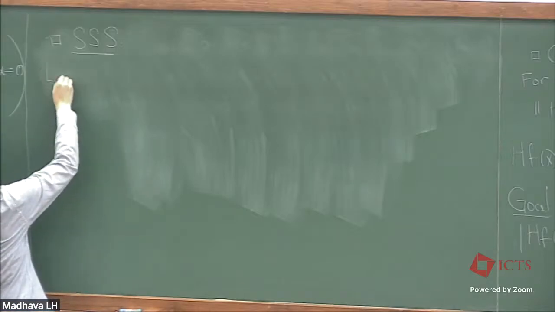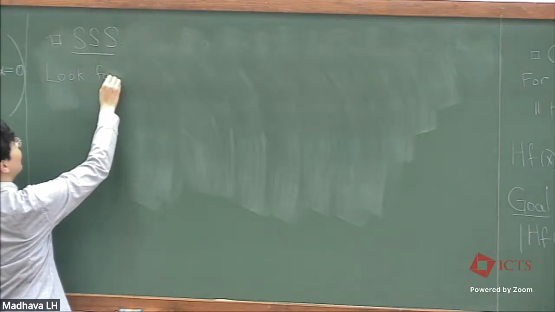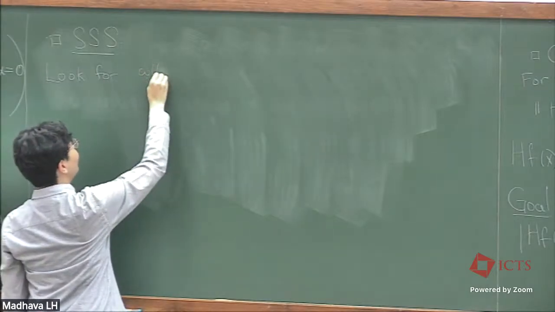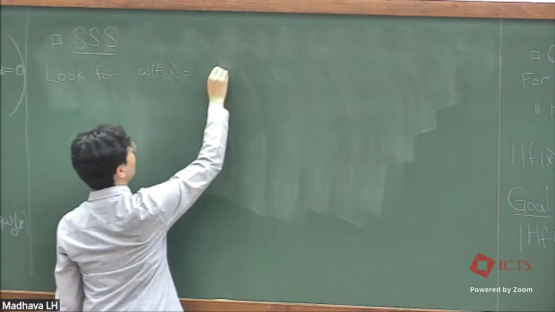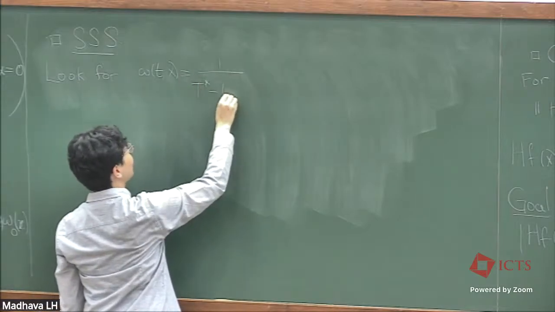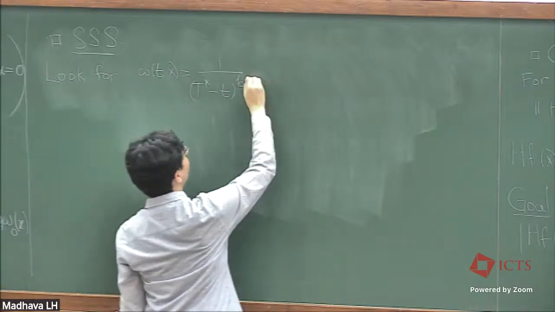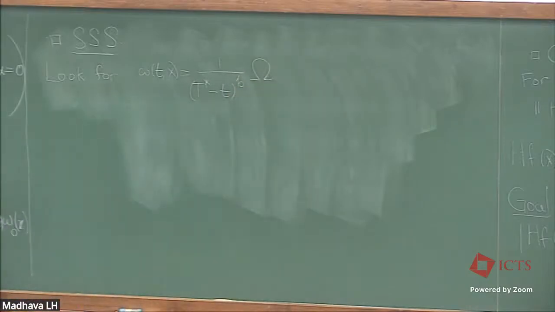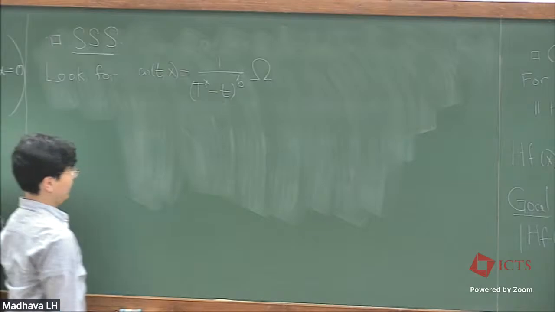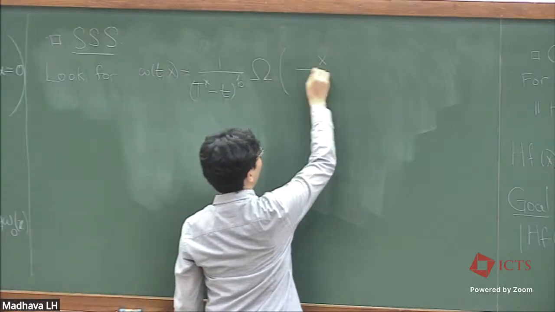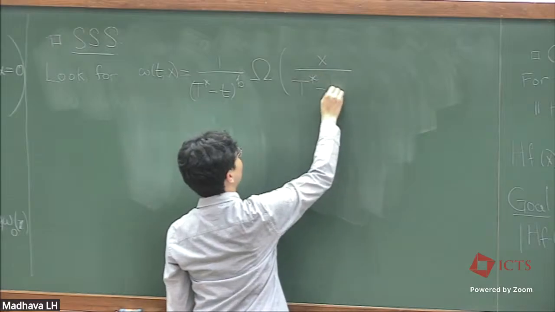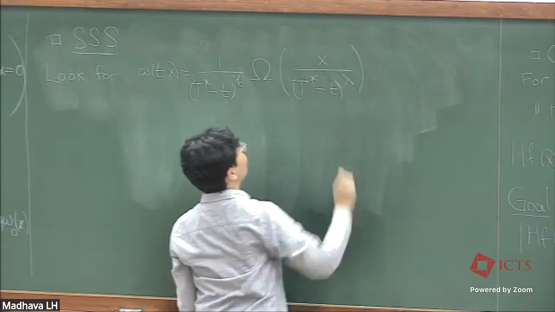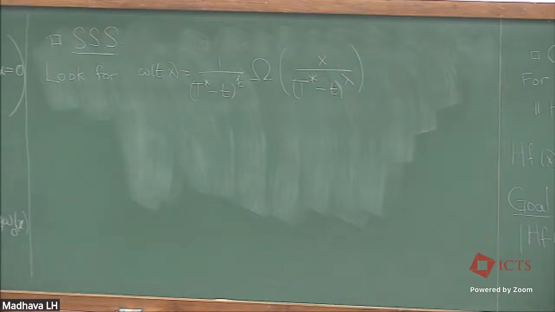It means look for solutions of the form 1 over (t star minus t) to the power b, times some function, capital Omega, which we will call the profile of singularity, at x over (t star minus t) to another power lambda. So this ansatz can be generalized, but let's just keep it simple like this.